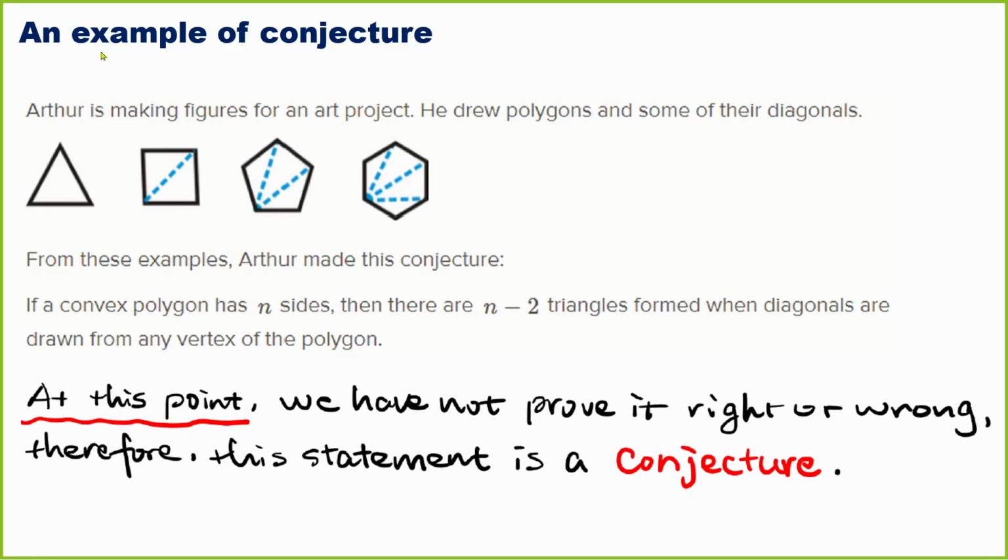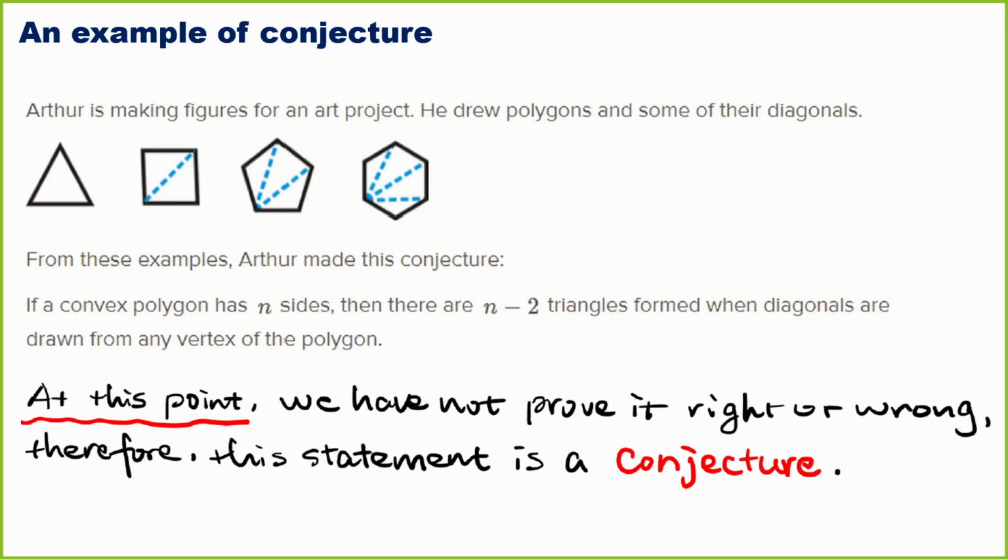And an example of a conjecture. For example, if a person is making figures for an art object, he drew polygons and some of their diagonals. From these examples, the person, Arthur, makes this conjecture: if a convex polygon has n sides, then there are n minus 2 triangles formed when the diagonals are drawn from any vertex of the polygon.